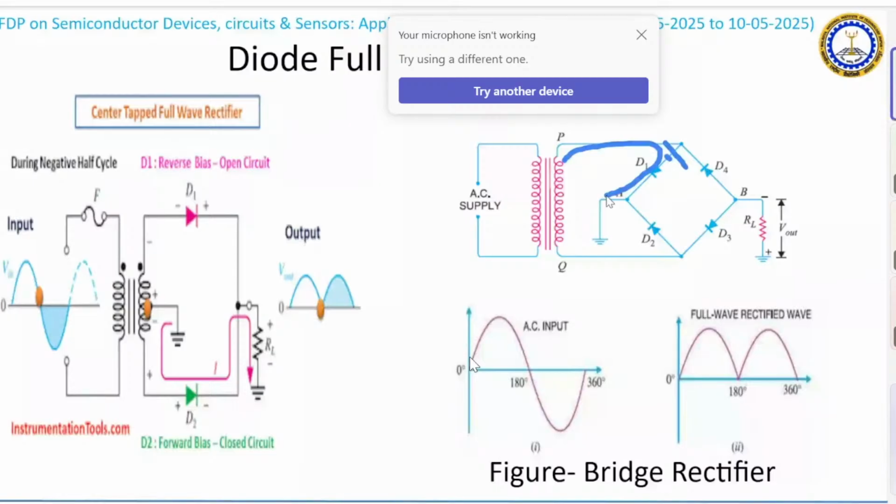In the previous cycle also the polarity was seen. So it is shown over here that in the positive cycle we get the output in this way. We are getting both of these cycles as positive. In the previous cycle, this was positive over here, so this was open.